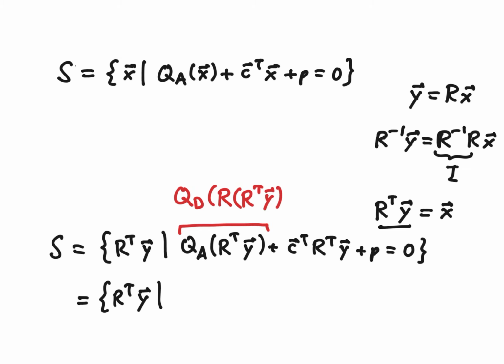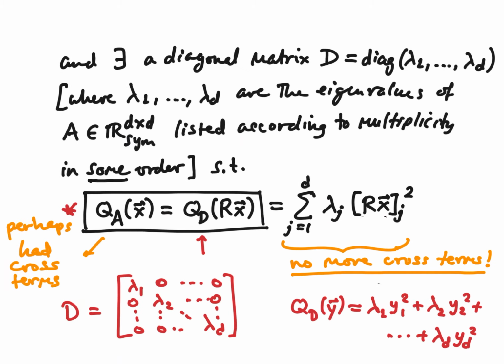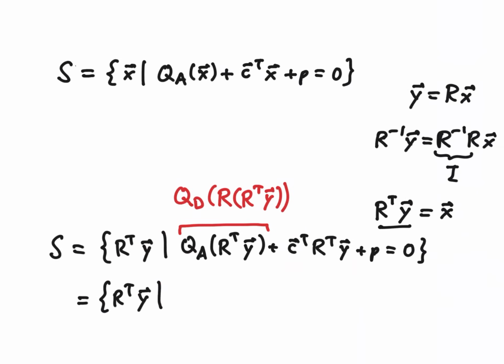And it just so happens to be this thing that we're plugging in. But I'm using this identity here in this box. I just happen to be replacing X with R transpose times Y in both places. Okay, and so, the R and the R transpose just cancel out. They're inverses of each other. So that term just becomes Q sub D of Y, which has, again, pure square terms only.